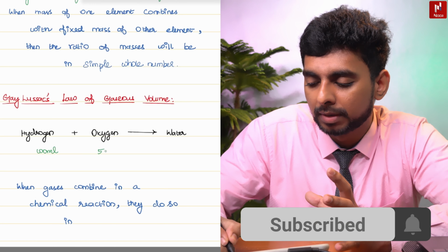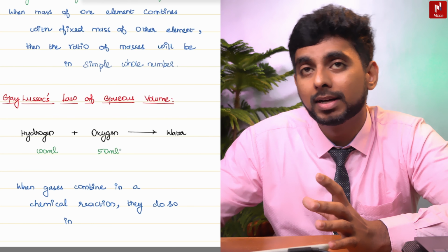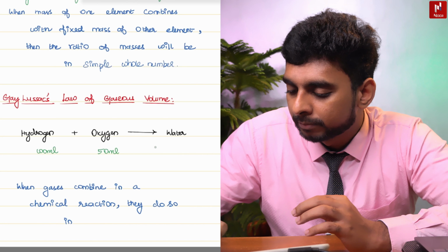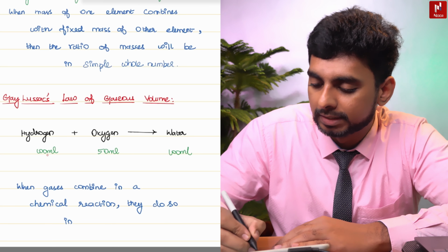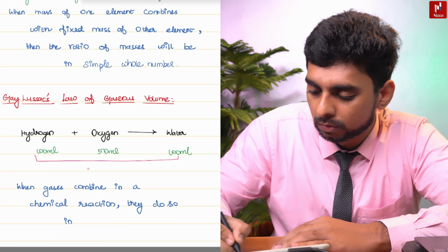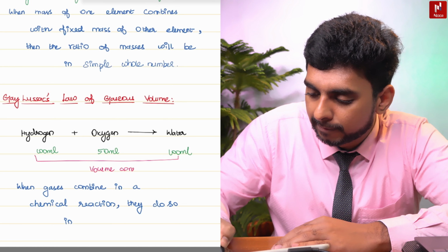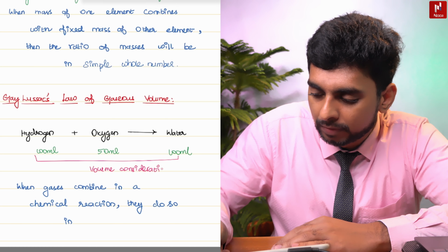So it will combine with 50 ml of oxygen, and then it will produce 100 ml of water in gaseous state, which means water vapor. So this is based on the volume consideration, right? So it should be clear.